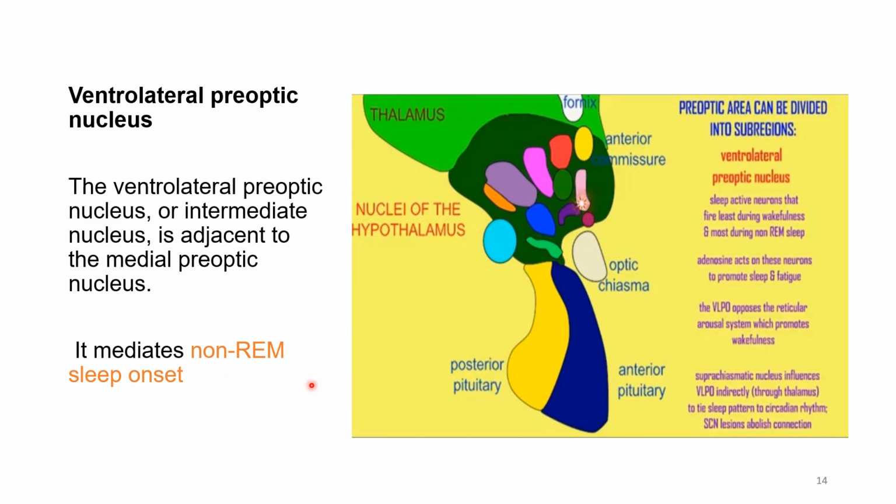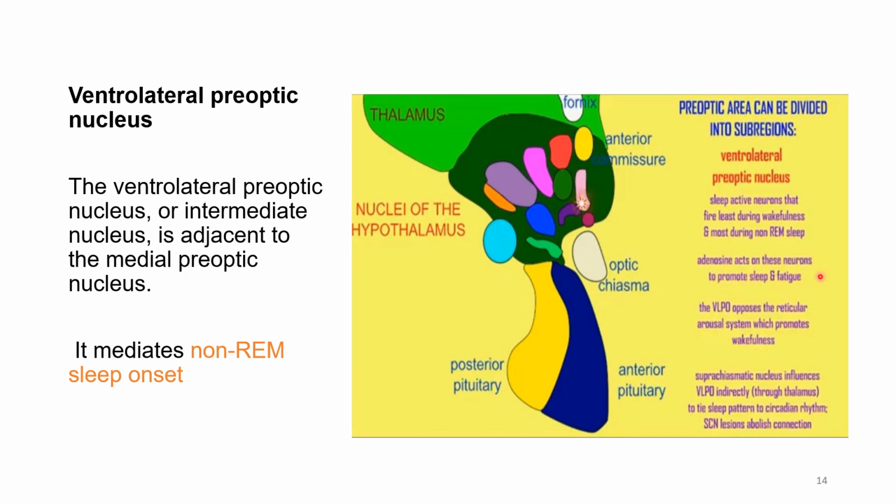Sleep is divided into REM sleep and non-REM sleep. So here the ventrolateral preoptic nucleus or intermediate nucleus, which is adjacent to the medial preoptic nucleus, mediates the non-REM sleep. Sleep active neurons fire least during wakefulness and most during non-REM sleep.